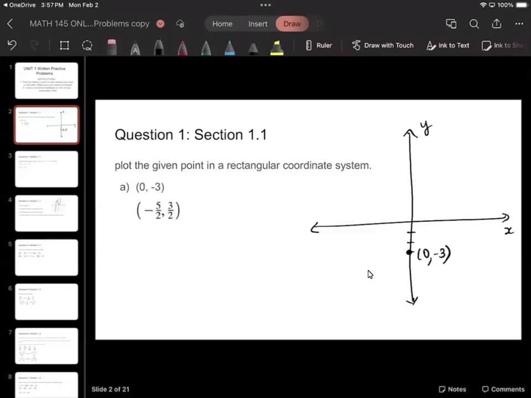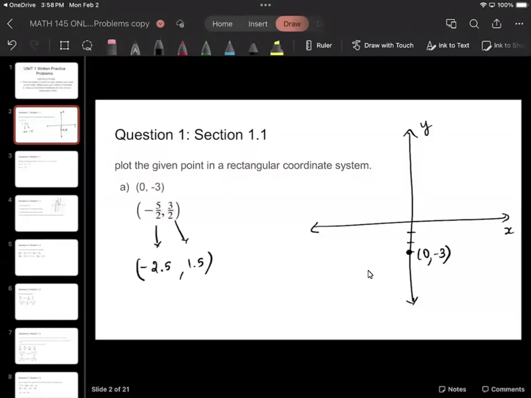Whenever you plot a point, you have to label it right next to it. So the second point given to you is (-5/2, 3/2). So what is -5/2? It's nothing but -2.5, right? 3/2 is 1.5.